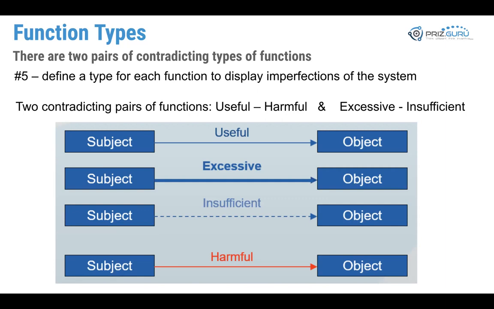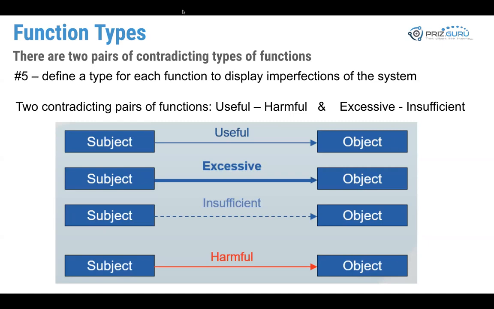Useful, excessive, and insufficient, they all 3 are useful functions. You have water for washing hands, but you use much more water than you actually need to wash your hands. So you use water excessively, but it is still useful. And you have a heating system for water, and this system is heating insufficiently, or you heat everything outside and not only water.